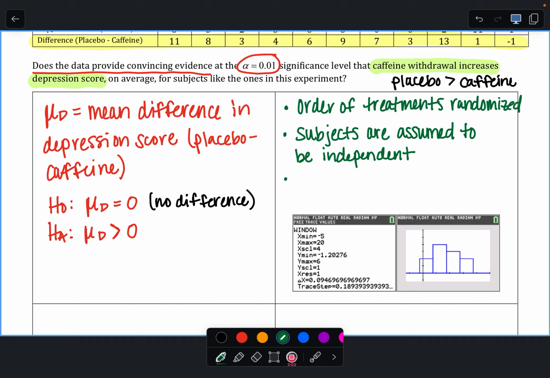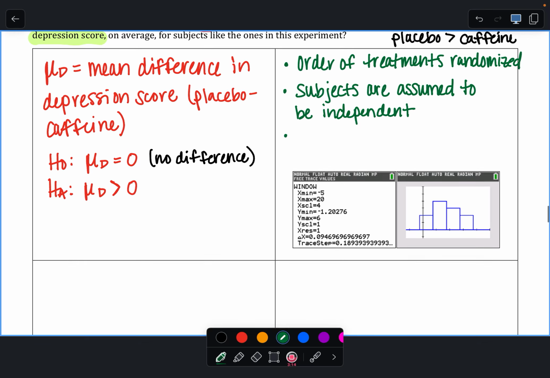I went ahead and included the window that I eventually changed it to after I hit Zoom 9, just so you can see what that histogram would look like. This would be something where they would most likely provide you with a graph. So all you have to do is look at the graph and double check that there is no strong skew or outliers.